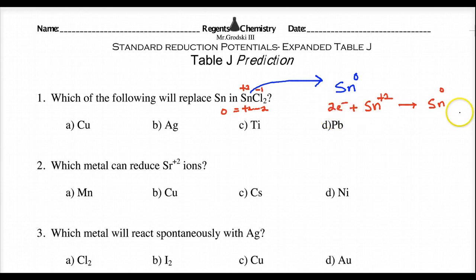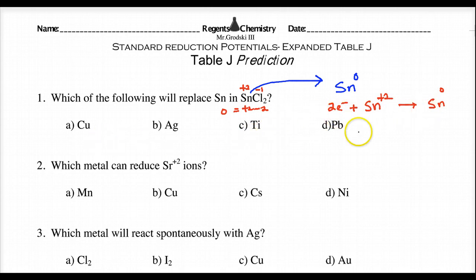This is reduction. So I need something that's going to force the electrons onto the tin. I need a reducing agent, something strong enough acting as a reducing agent. A reducing agent is something opposite that becomes oxidized. So I need something that oxidizes enough to force this to happen.